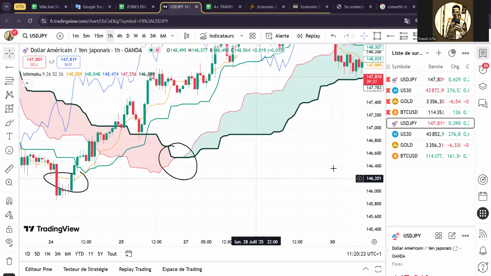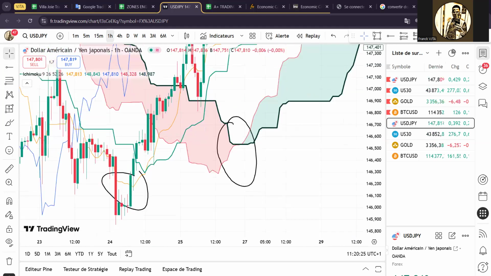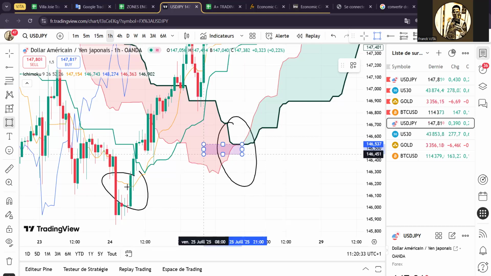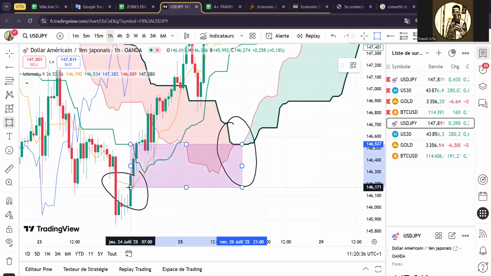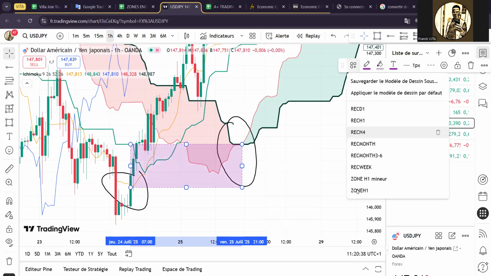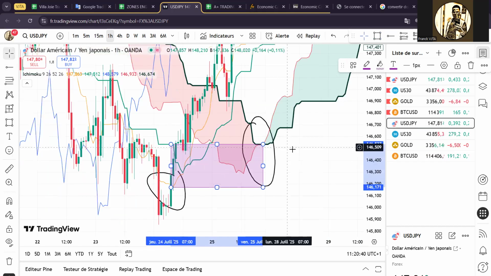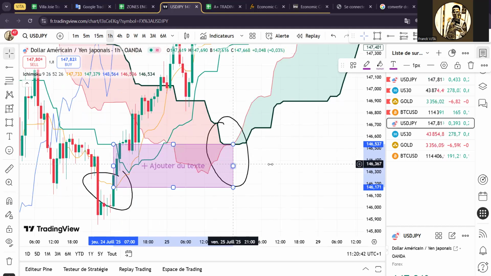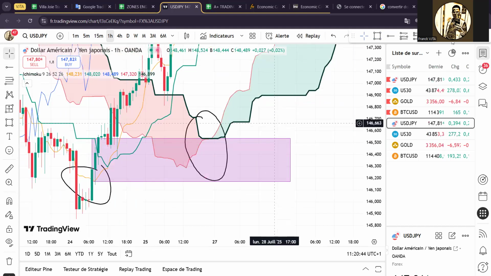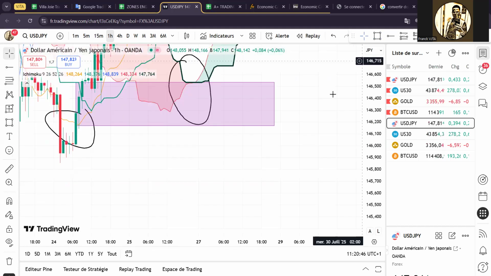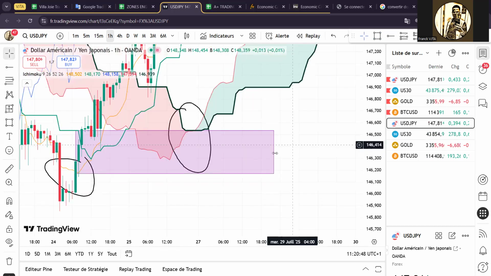We have something like this, and then we take a rectangle and place the first point of the rectangle exactly on the twist, and the second point on the mountain. We select a rectangle that has continuous borders, because we want a plain rectangle.